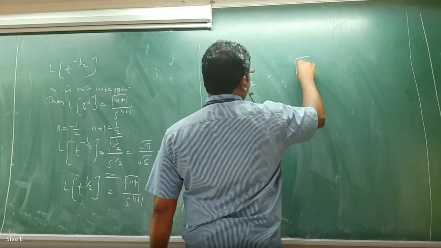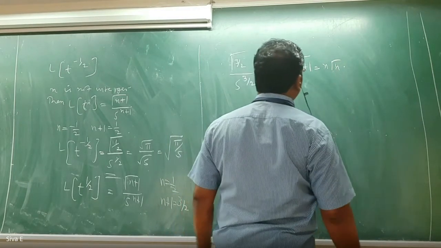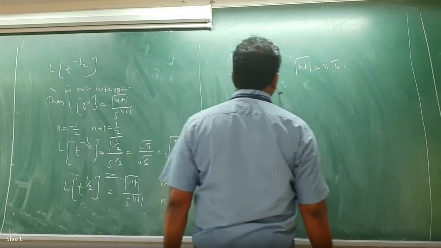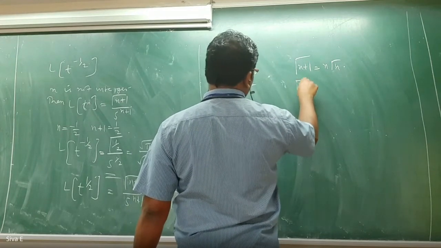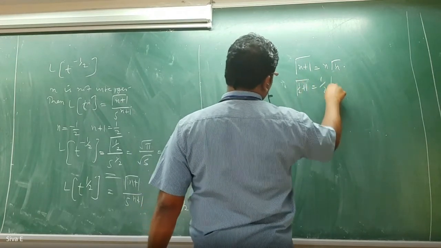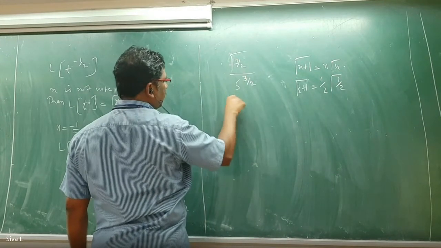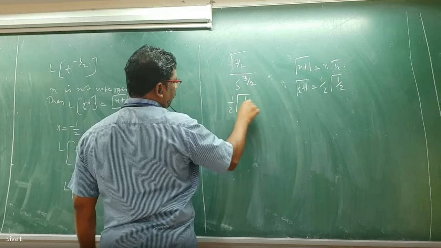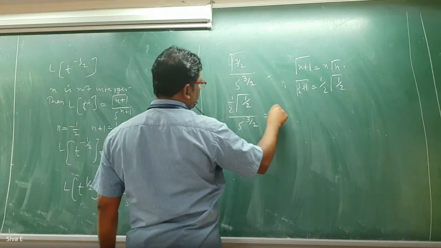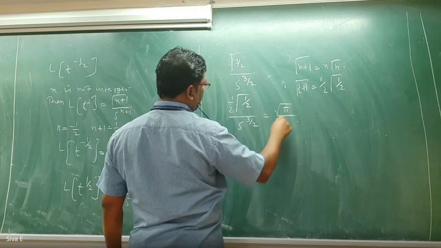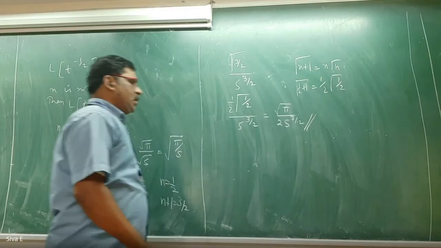But gamma of n plus 1 equals n into gamma of n, where n is 1 by 2, therefore gamma of 1 by 2 plus 1 can be written as 1 by 2 gamma of 1 by 2. So this can be written as 1 by 2 gamma of 1 by 2 by s power 3 by 2. So root pi by 2 s power 3 by 2 is the answer.